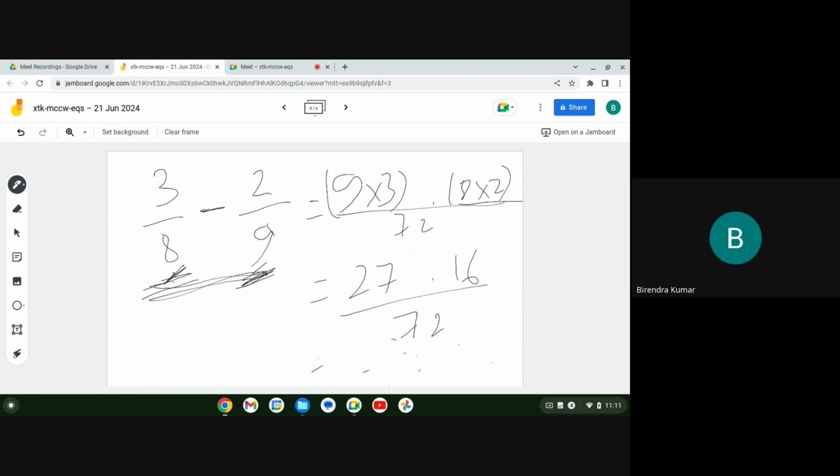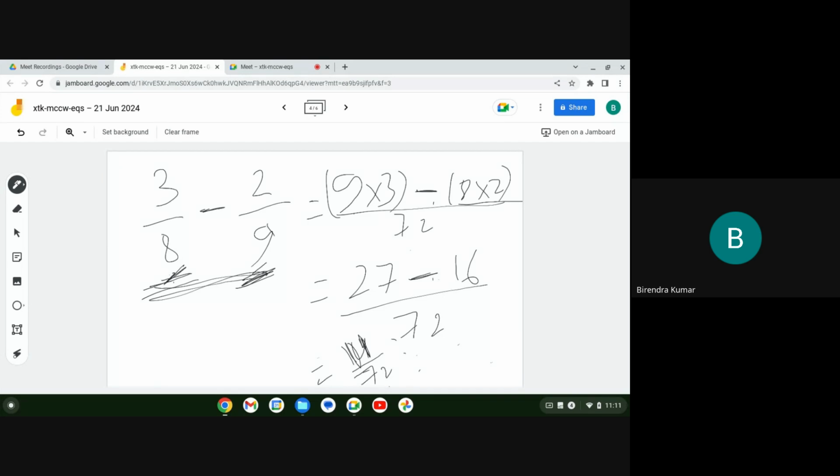Then 8 nines are 72 into 3, 9 into 3. Here plus became minus. So whatever is the sign, I'll use that here. Then it became 27 minus 16 by 72. So 27 minus 16 is 11 by 72. This is my answer. This is 11, not 4.